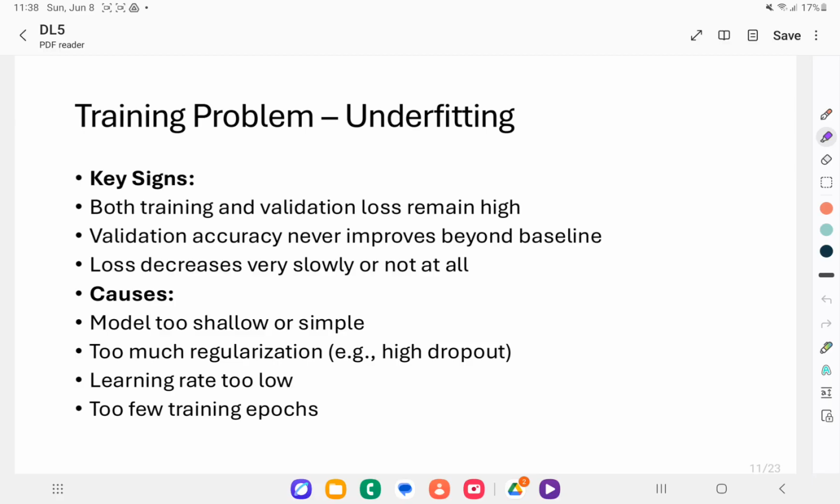A very low learning rate can also make the optimizer crawl, which gives the impression that the model isn't learning, so you've got to pay attention to the learning rate. To fix underfitting, you may want to try increasing model capacity, reducing regularization, training longer, or changing the learning rate. Just be careful not to swing too far and end up overfitting.